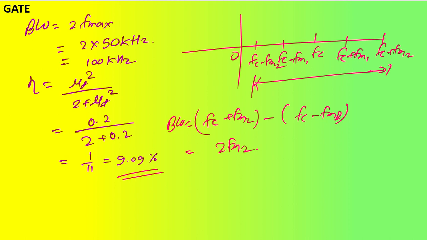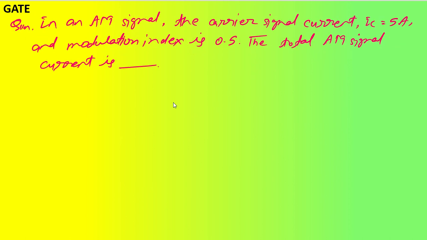Let us take another question. We have an amplitude modulated signal, and the carrier signal current is 5 ampere and the modulation index is 0.5. What is the total AM signal current in amplitude modulation?